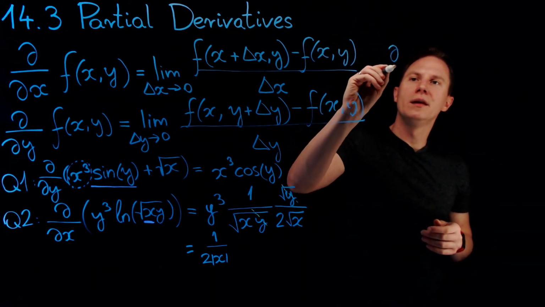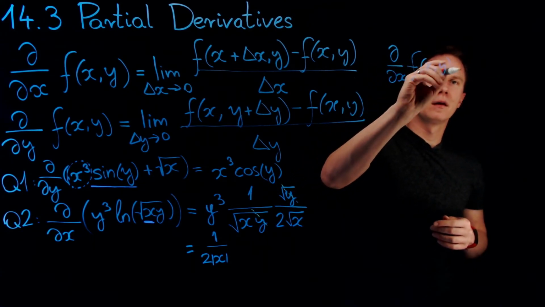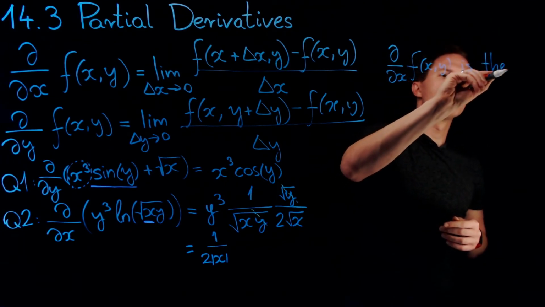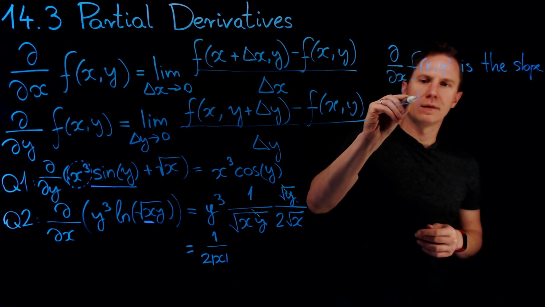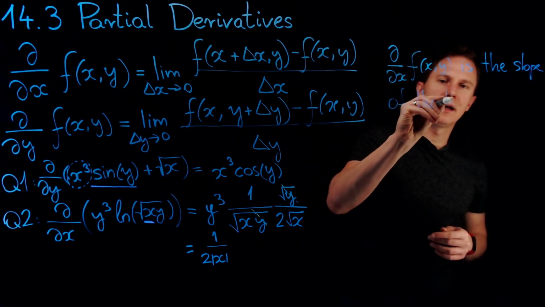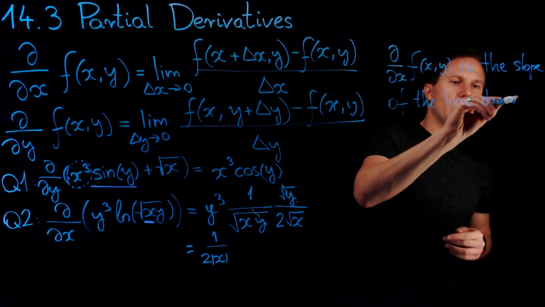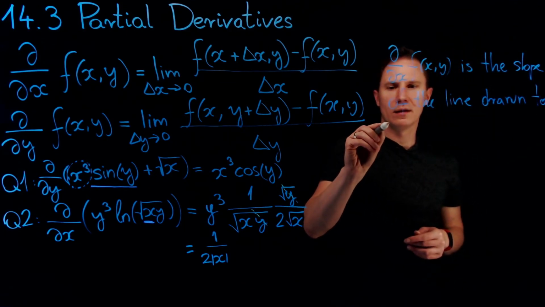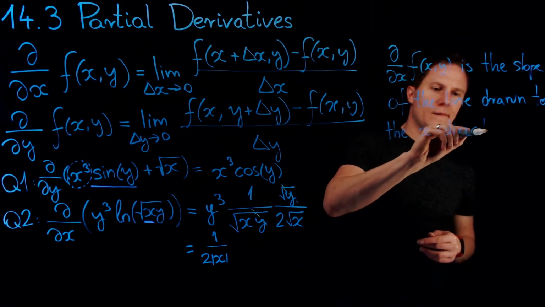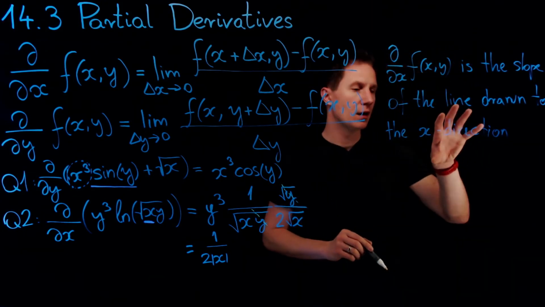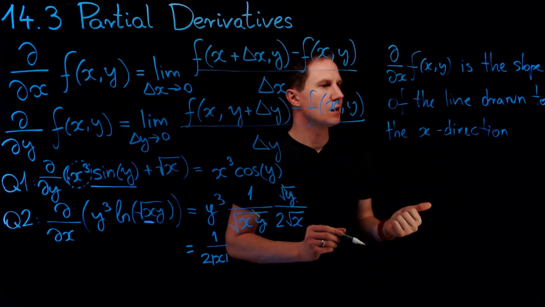So d over dx of f is the slope of the line drawn in the x direction, meaning that the y value is being kept constant, and we only vary the x variable.